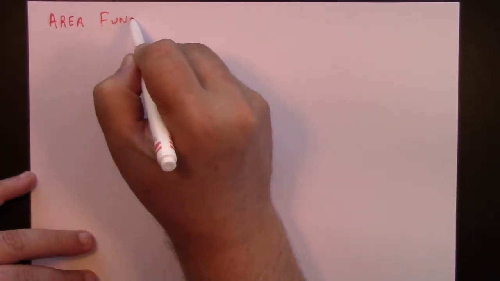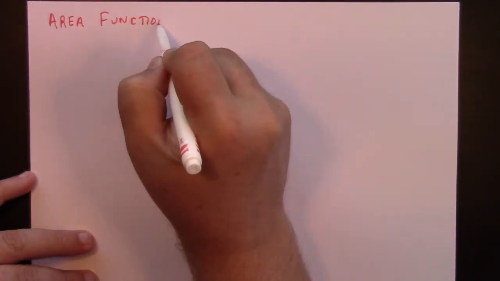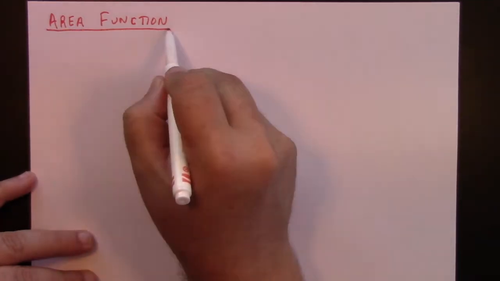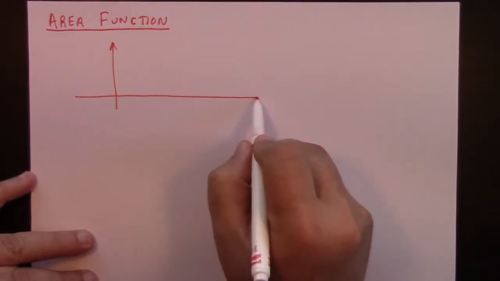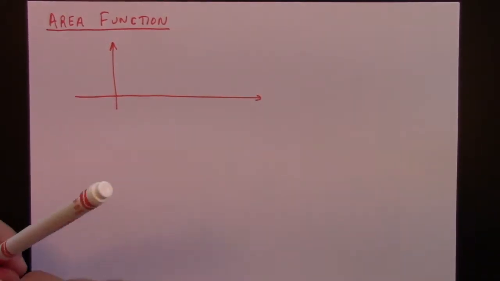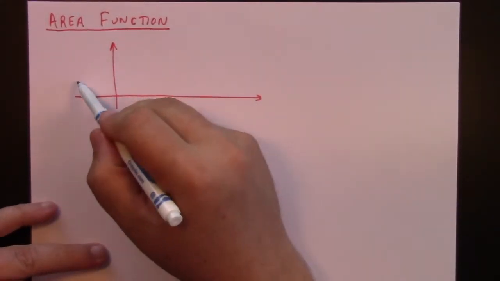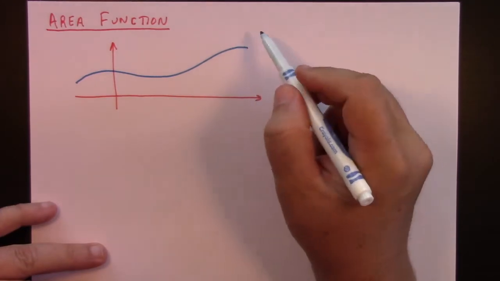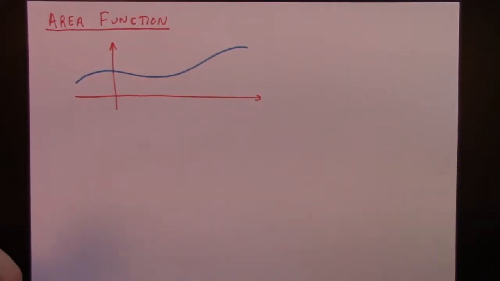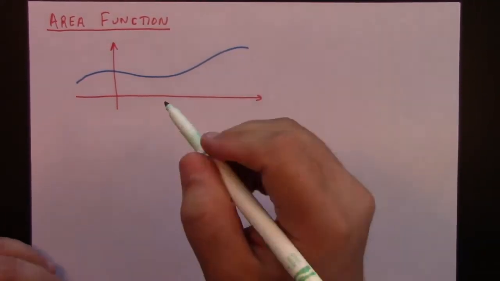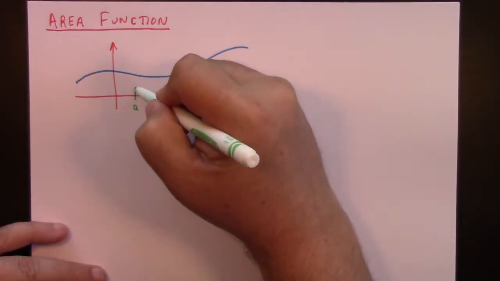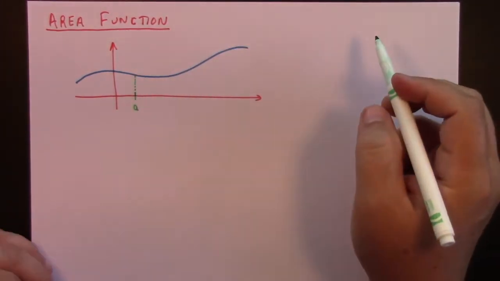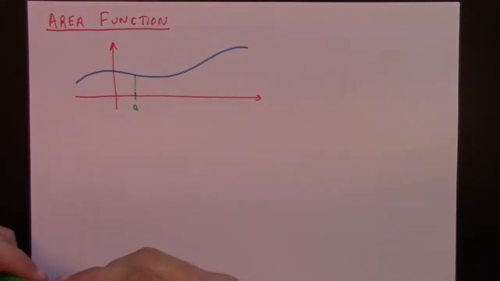So the idea here, right, is you've got some graph, could be whatever, like that, and you've got some base point, which I'll call a. A lot of times we take a to be 0, right? And then I'm going to use t as the variable now.